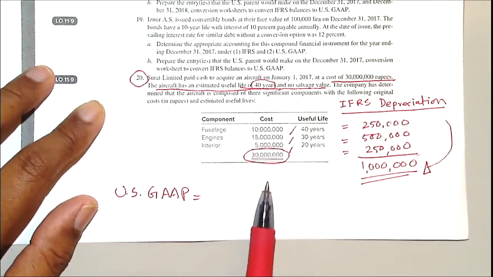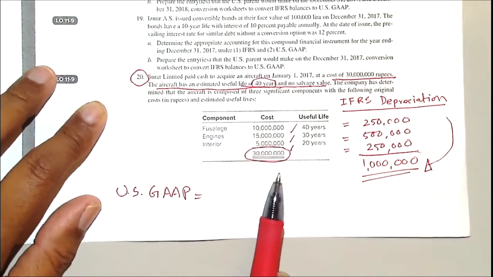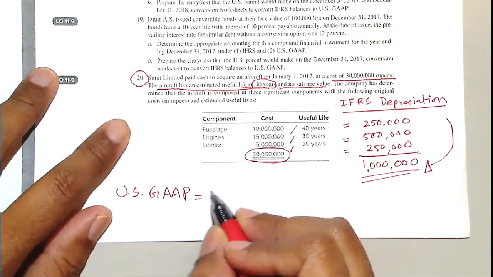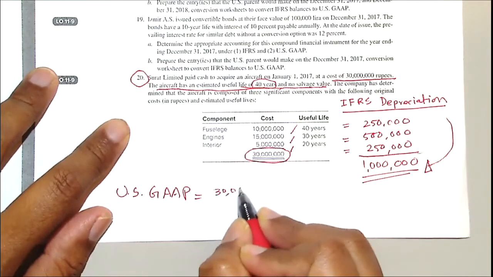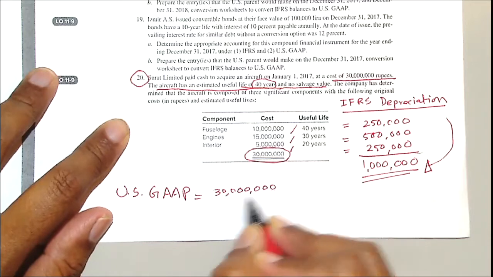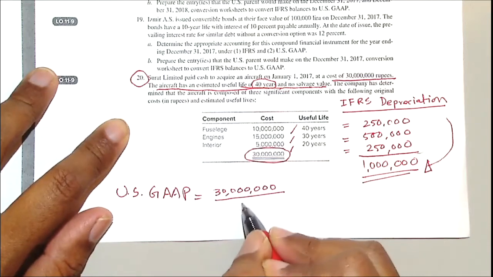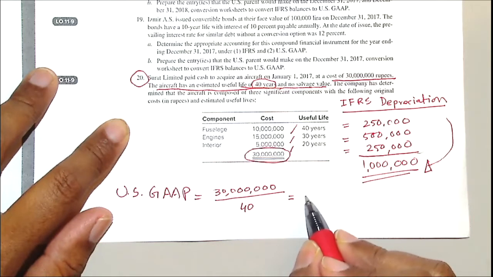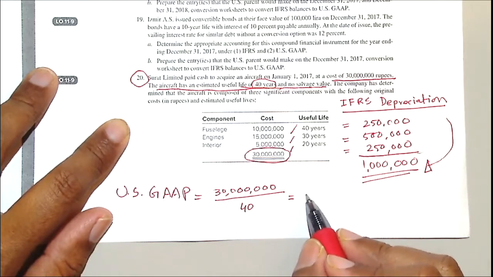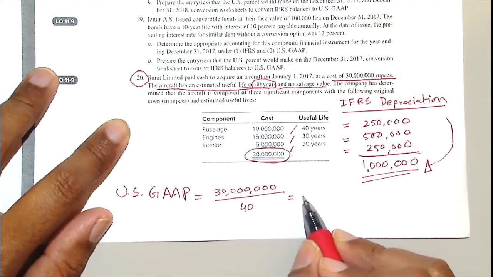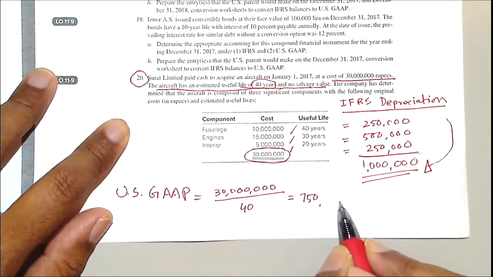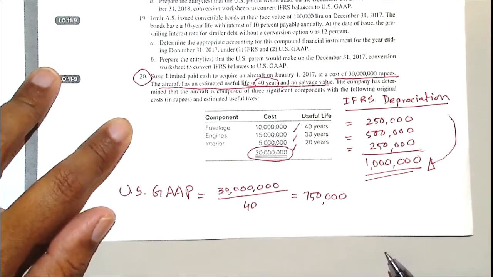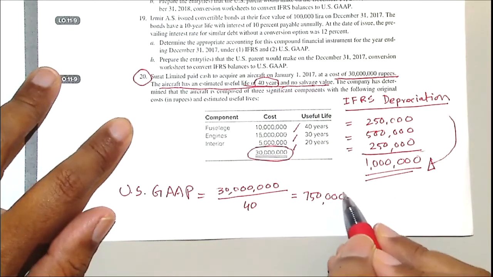So the cost for the whole asset is 30 million and the entire asset's life is 40 years. So your US GAAP depreciation will be 30 million over 40. Go ahead. Yes? 750,000.